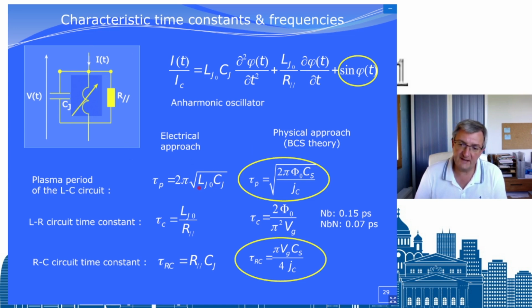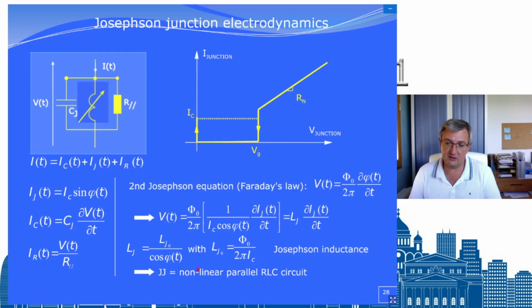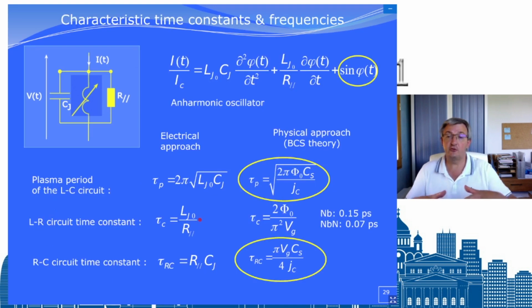You can replace these values by physical parameters. The capacitance is connected to the area, for example. The inductance, as you saw before, was connected to the critical current. And the critical current is proportional to the area of the junction, right? It's a critical current density in ampere per centimeter square, for example, times the area.